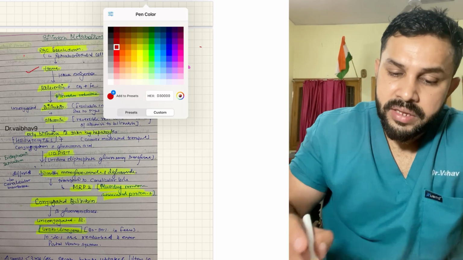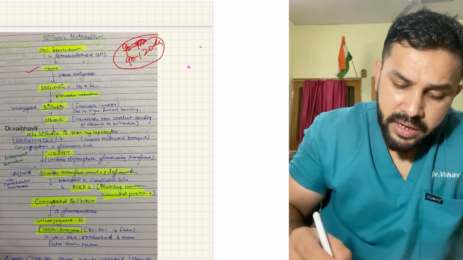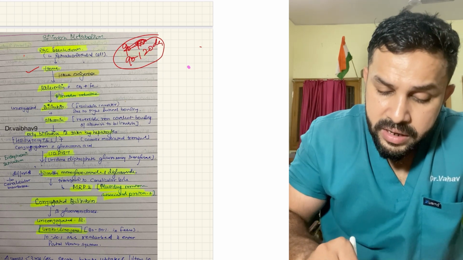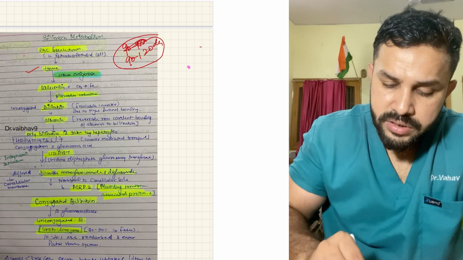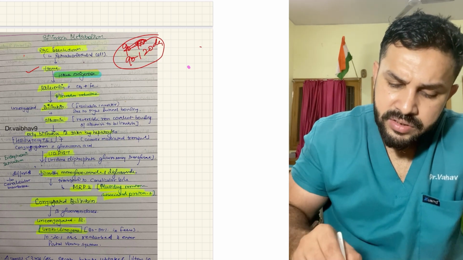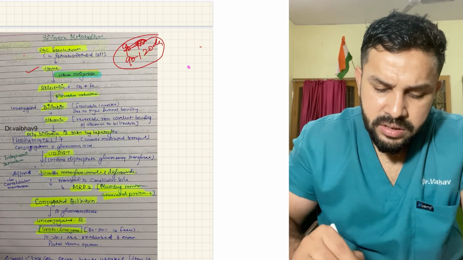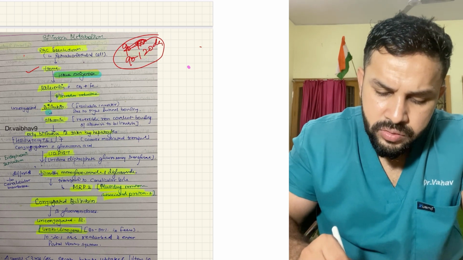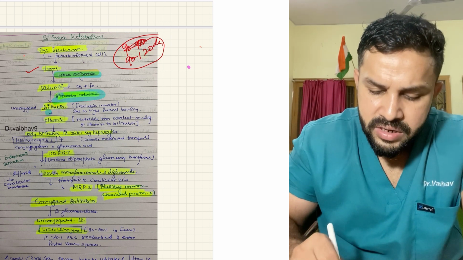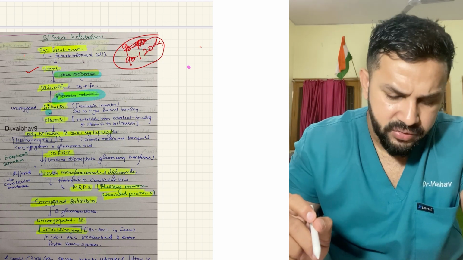From heme, an enzyme called heme oxygenase converts the heme to biliverdin. The biliverdin is then converted to bilirubin by biliverdin reductase.